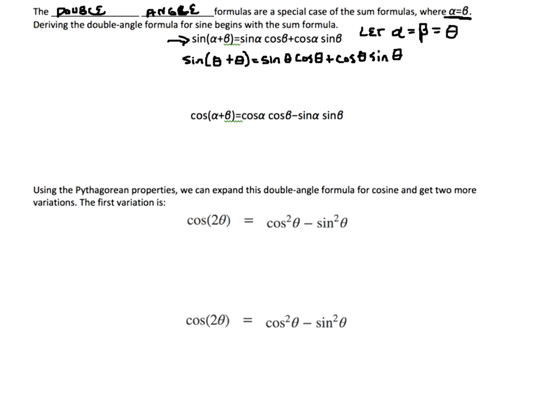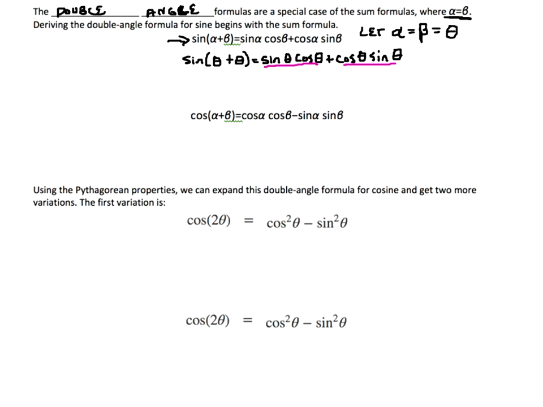From there, you can see that these terms are the same terms. They're like terms. It's okay that the sine and the cosine are flip-flopped because multiplication is commutative.